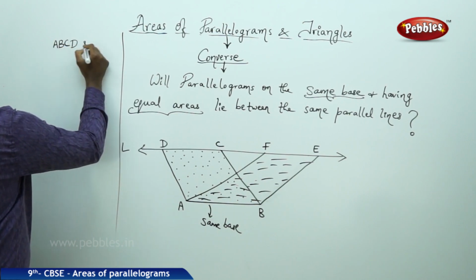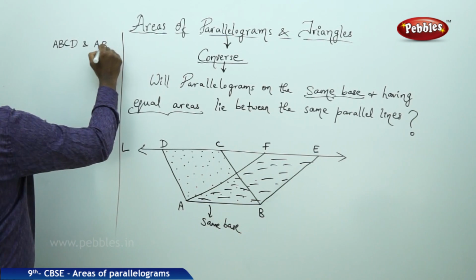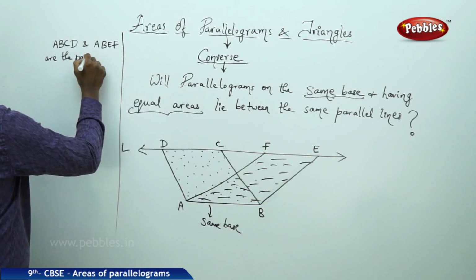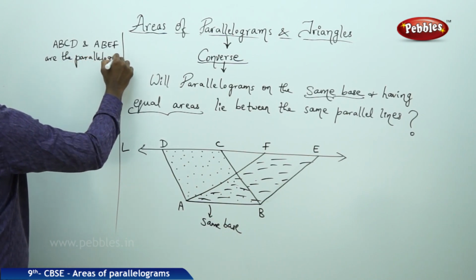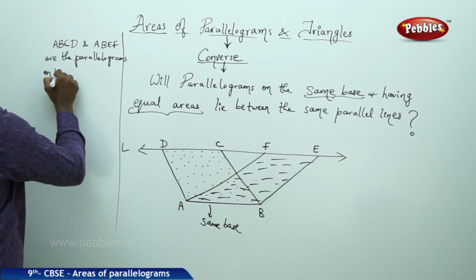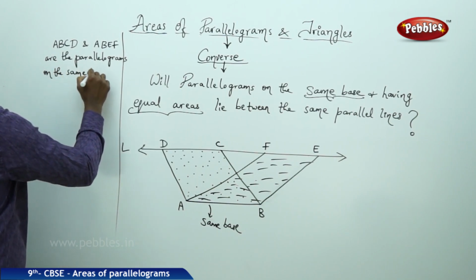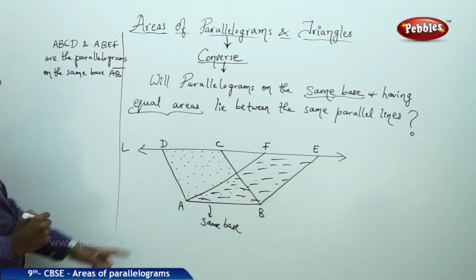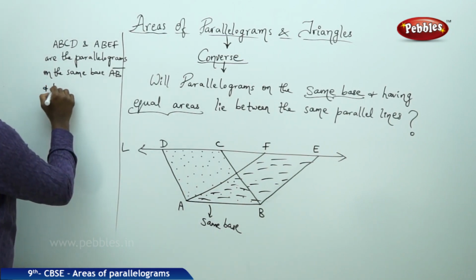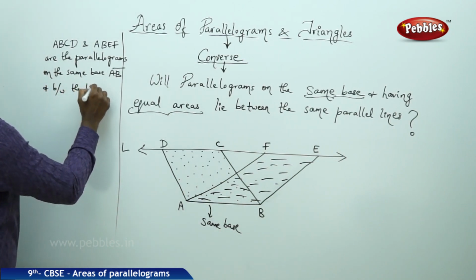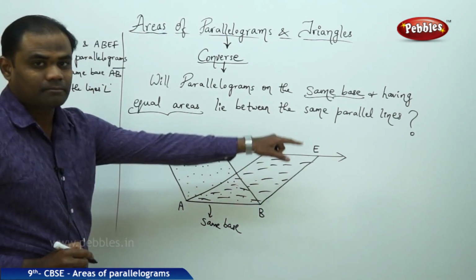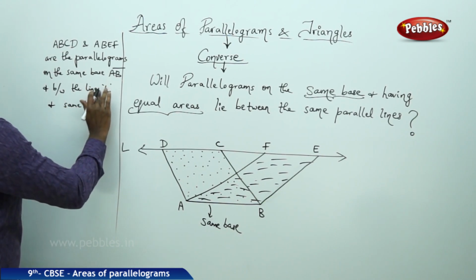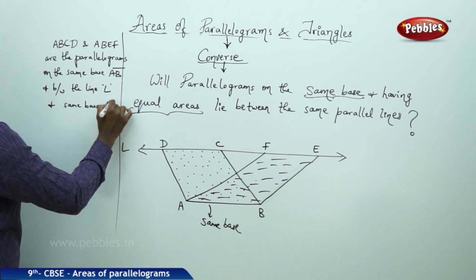So ABCD and ABEF are parallelograms on the same base AB, which is out here, and between the line L and the same base AB.